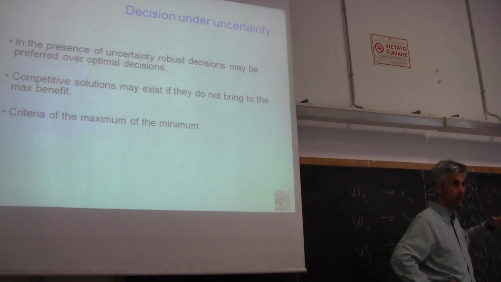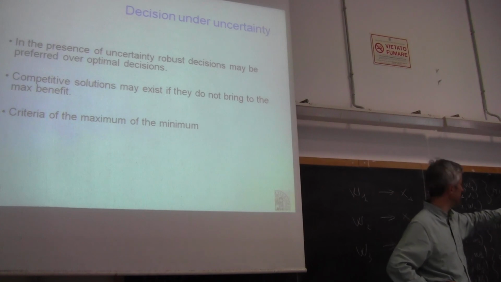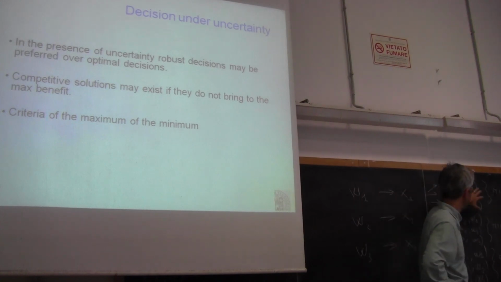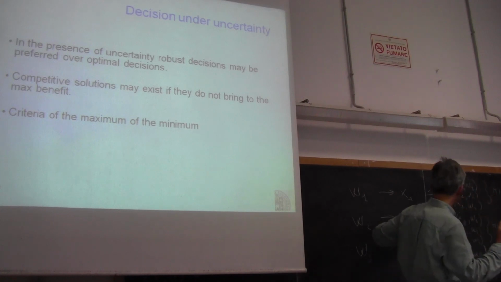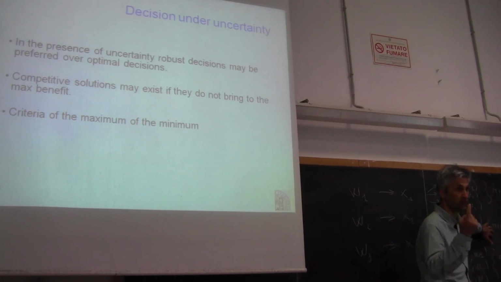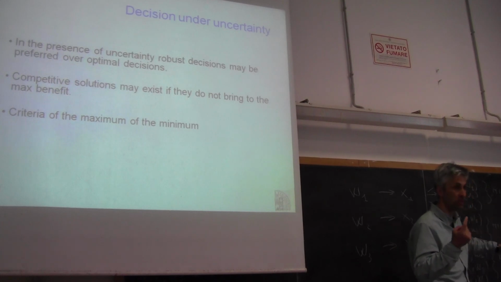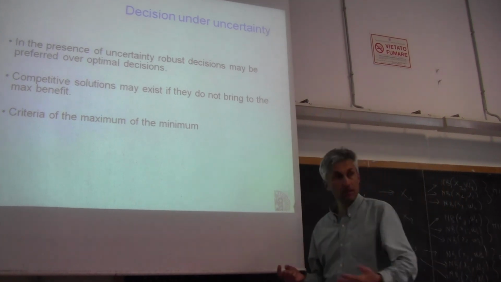And it may be lower or may be upper. Given that with x1, this minimum is for sure available if I decide x1, and given that if I decide x2, this minimum is for sure available, then let's take the decision with the maximum of the for sure. Okay, it's clear?